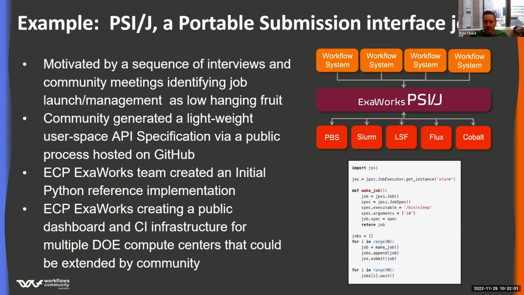We had open meetings, and we had open GitHub development of the specification, where we had great input from the community in terms of issues and ideas that they'd like to see incorporated. We as a community have created an initial Python implementation for this, and we're actually starting to see adoption. I think there are now about four workflow systems that can speak the SciJ language to coordinate resource provisioning with underlying resources.